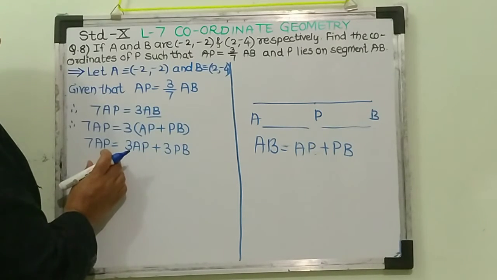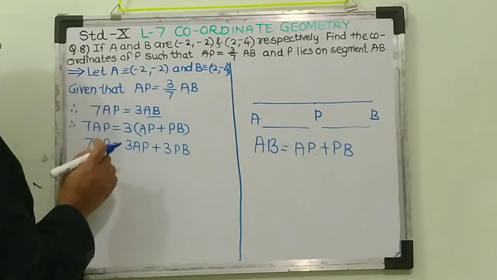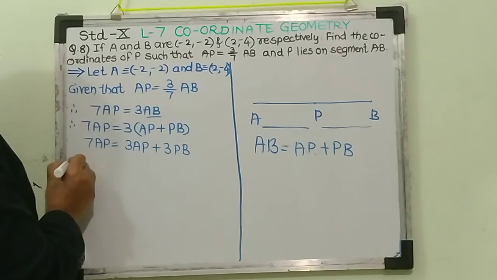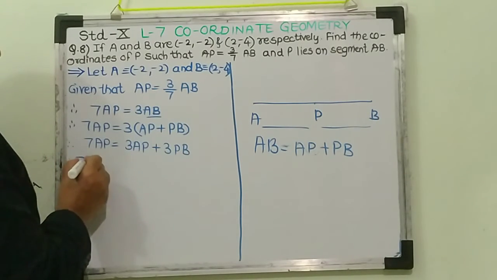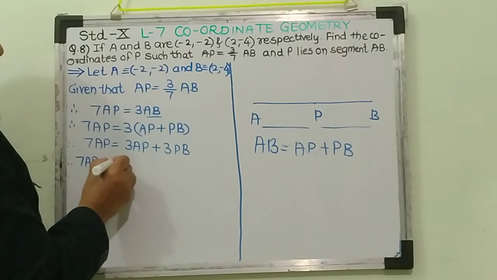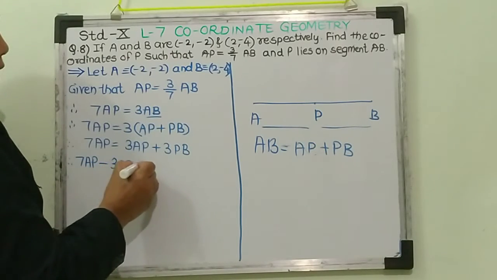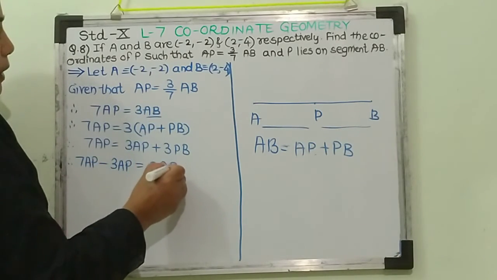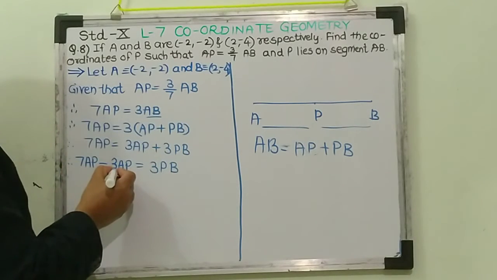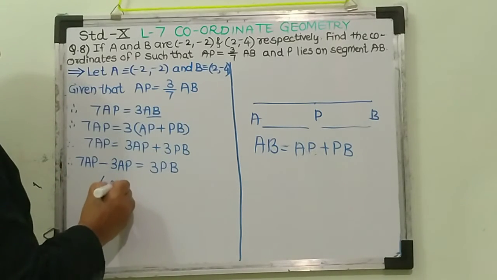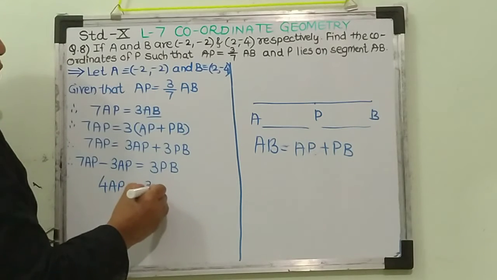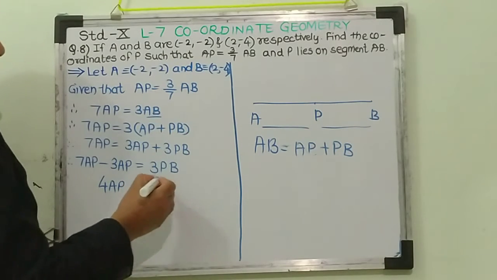Now 3AP comes to this side, it becomes minus. So we get 7AP minus 3AP equals 3PB. 7 minus 3, it will be 4AP equals 3PB.